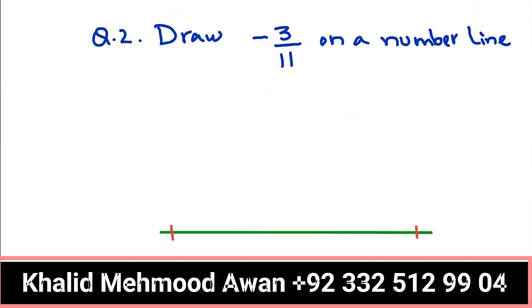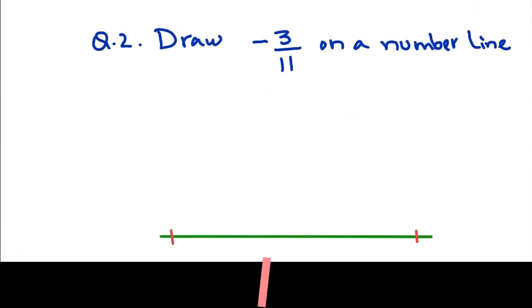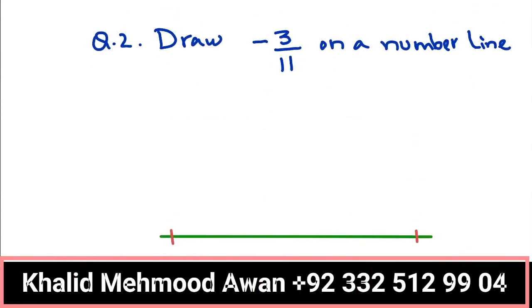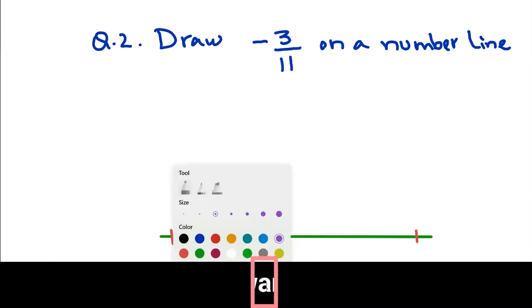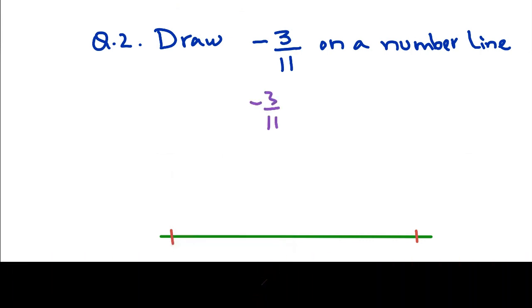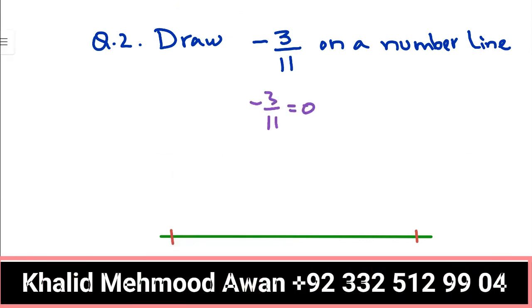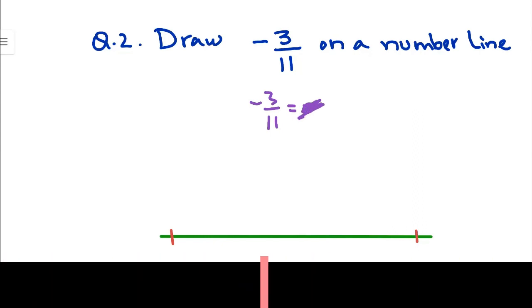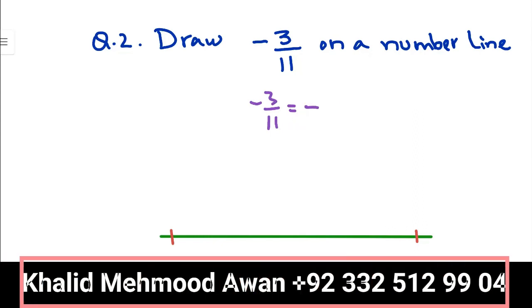Now come to the next example. This says that draw -3 by 11 on a number line. So again, we'll say that -3 by 11 is actually equal to -0 whole 3 by 11.